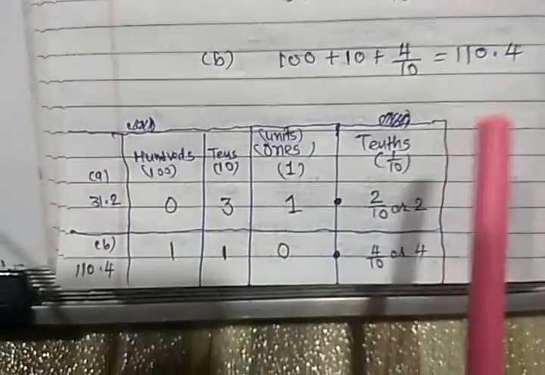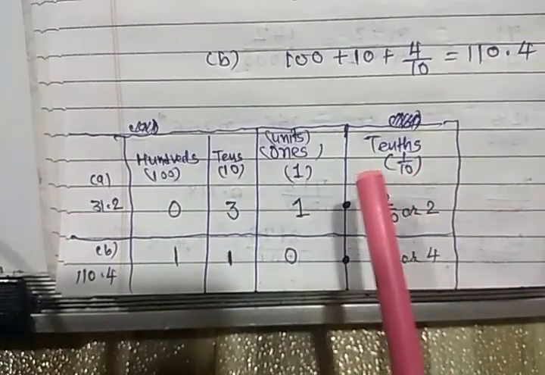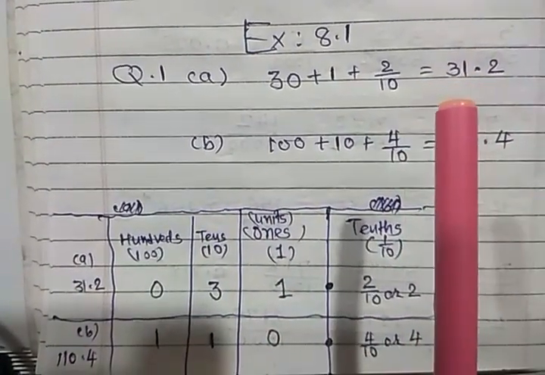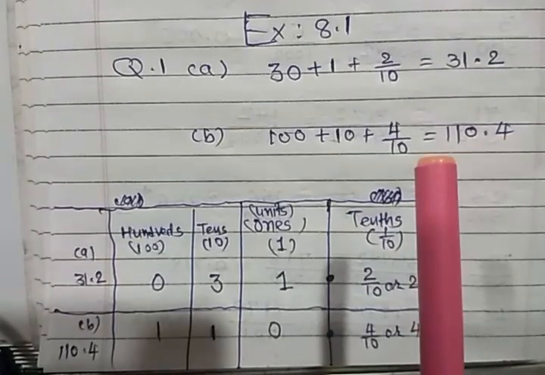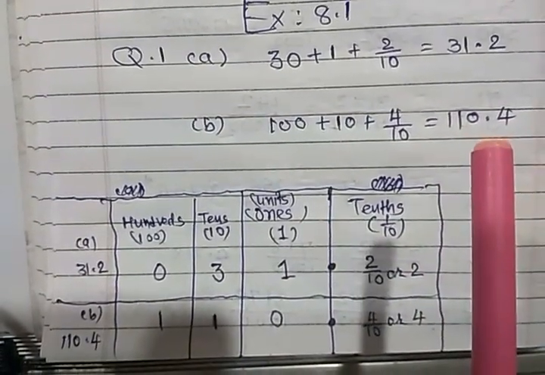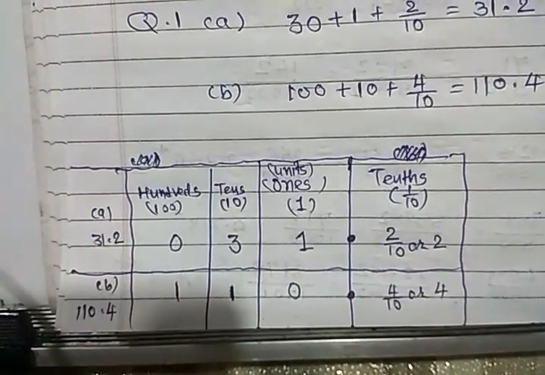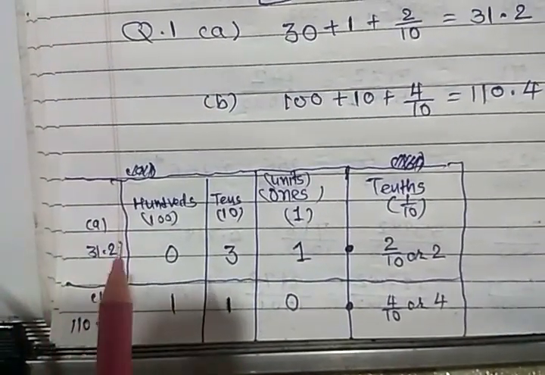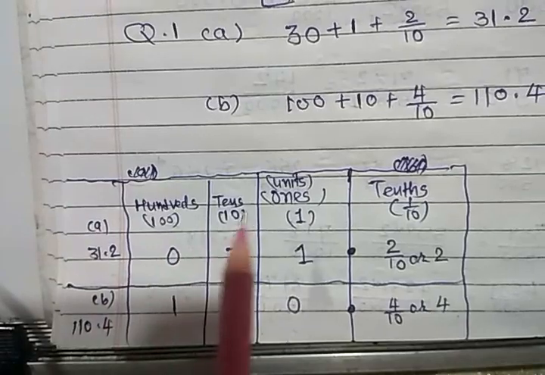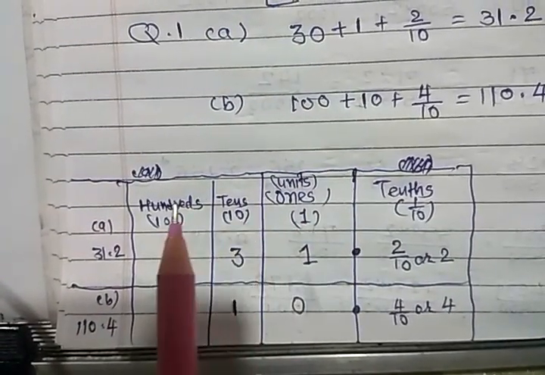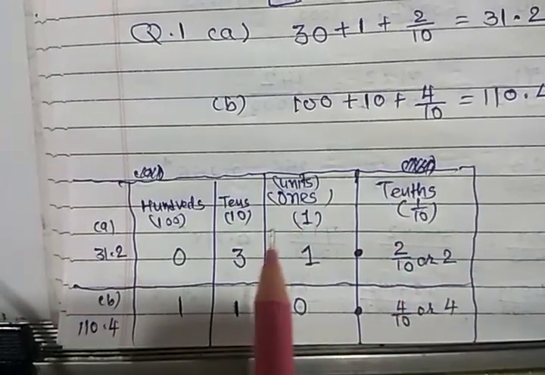You do these in this way. Also you have to write in the tabular form. The same thing is there. You see, first of all 31.2, and the next is 110.4. How can we express in the tabular form this way? 31.2, you see. First of all ready this table: ones place, tenths place, hundreds place, and then tenths place.